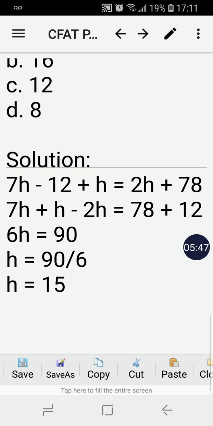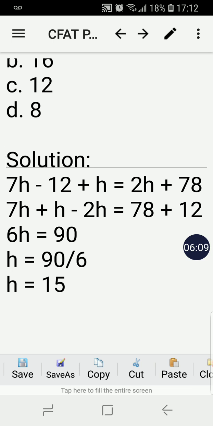7h minus 12 plus h is equal to 2h plus 78. So the solution is to group all the expressions with h on the left, and then on the right side we need to group all the constants.